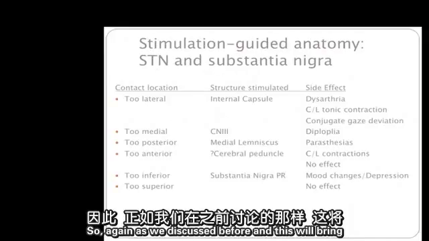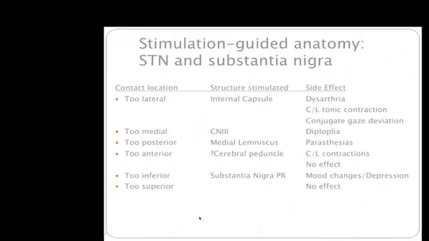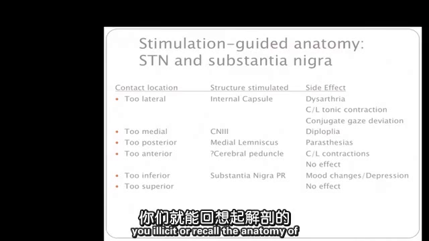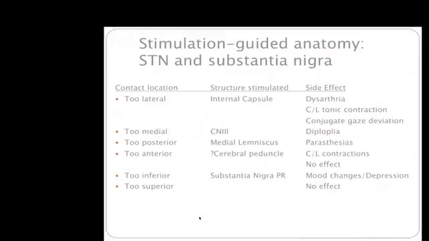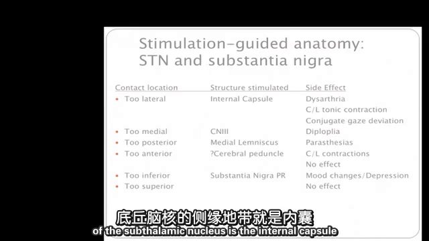Again, as we discussed before, this will bring back the anatomic landmarks that I briefly reviewed. Once you get the electrode in there, you can stimulate the subthalamic nucleus, and by stimulating it, you recall the anatomy of all the adjacent structures. Remember, as I said, the lateral margin of the subthalamic nucleus is the internal capsule.